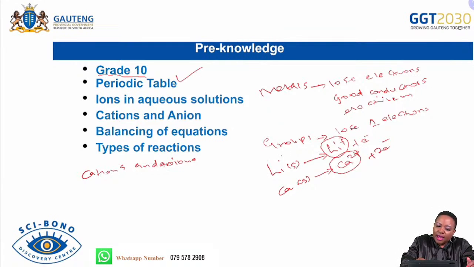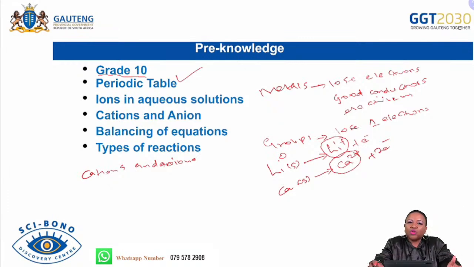Lithium started being 0 as the neutral atom, where it was having equal number of electrons and protons. Immediately when it loses electrons, it will now become +1. So it means the oxidation number of lithium increased, meaning that it has moved up. Immediately when an element loses electrons, its oxidation number will increase.